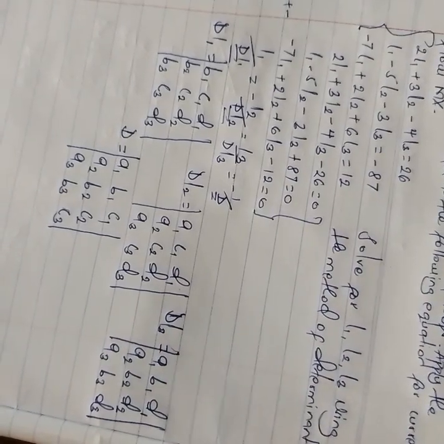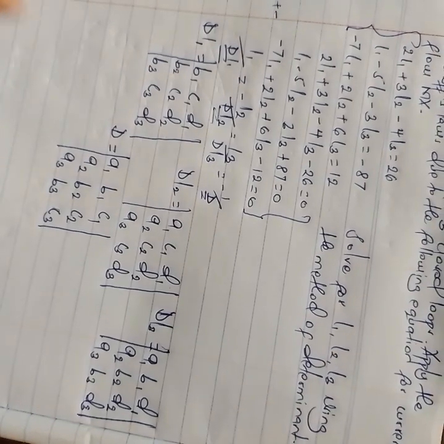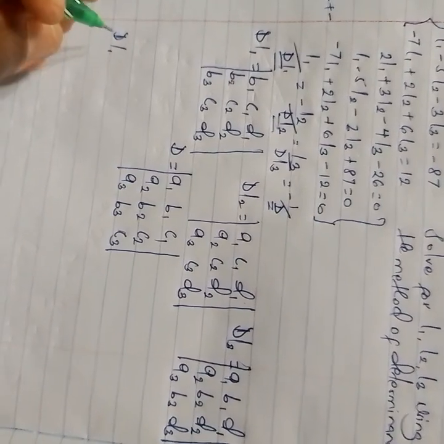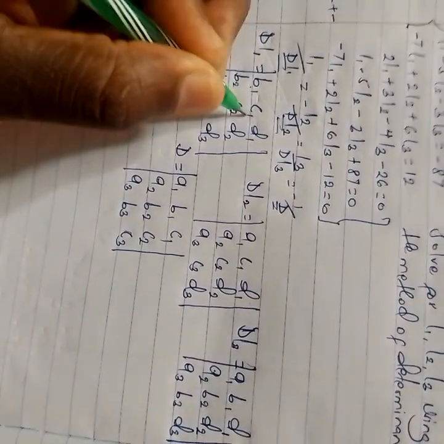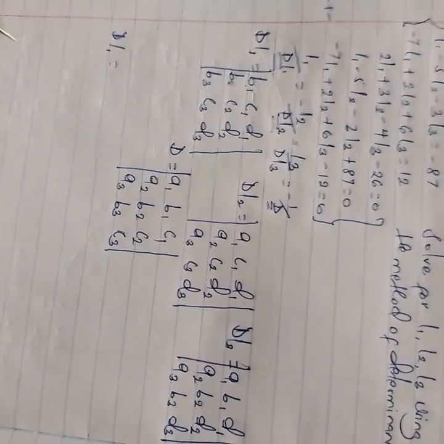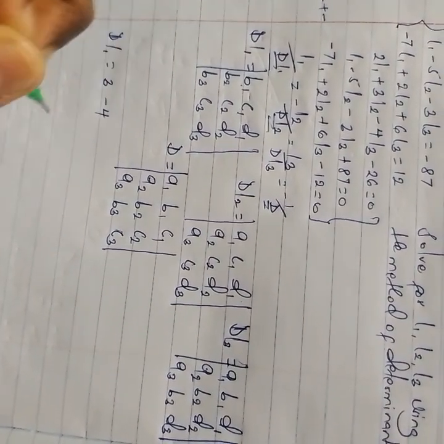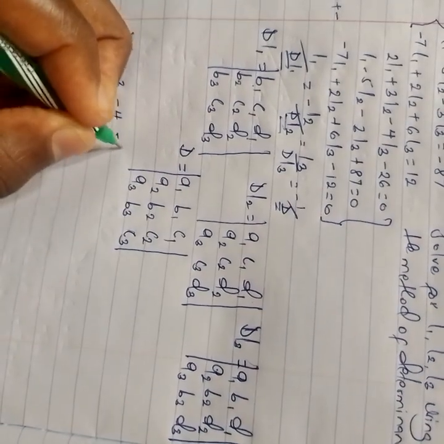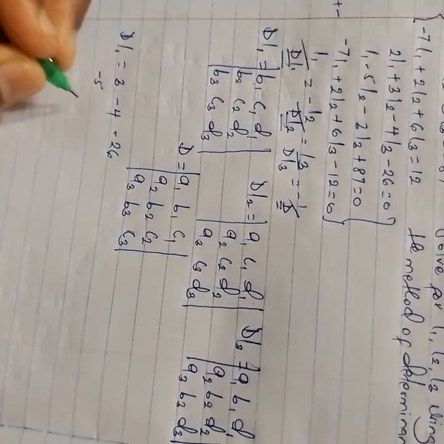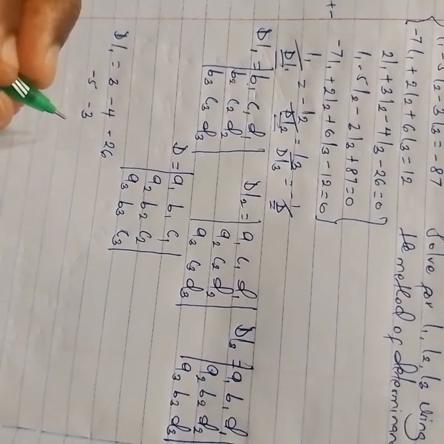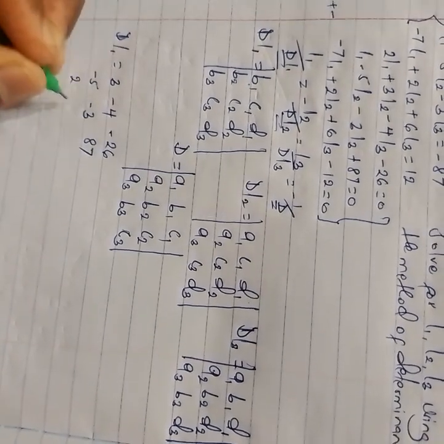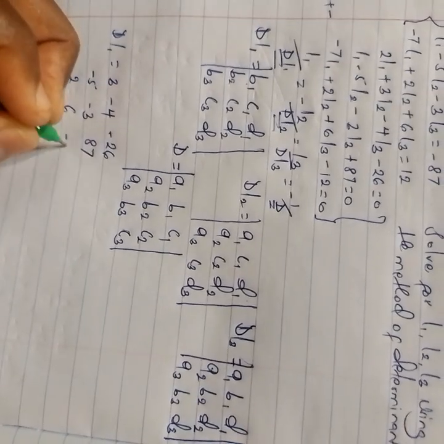So we start by finding dI1. So dI1, that's B1 C1 D1, and now that one will be 3, negative 4, negative 26, as you can see, negative 5, negative 3, 87, 2, 6, negative 12.